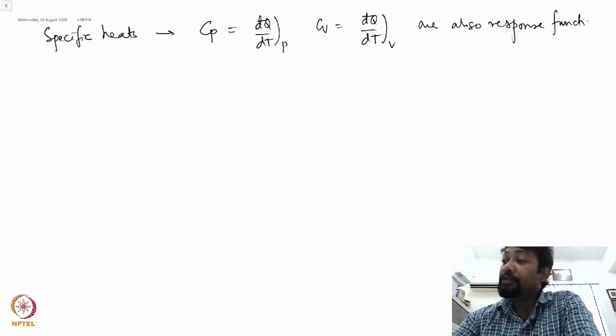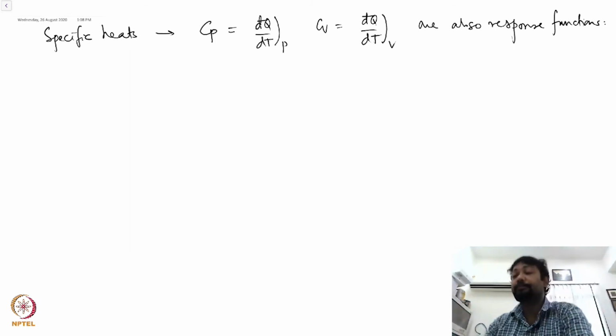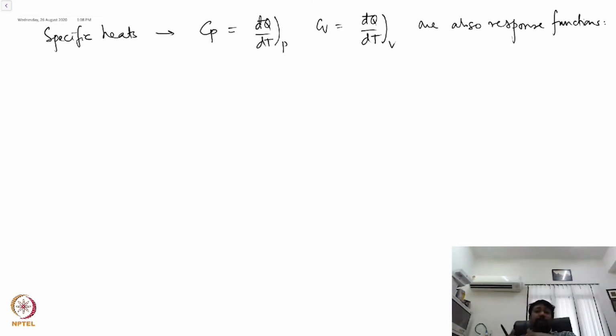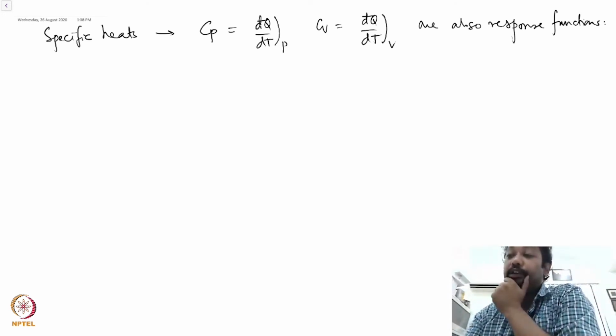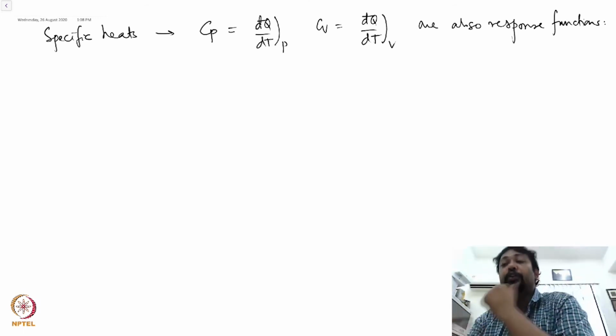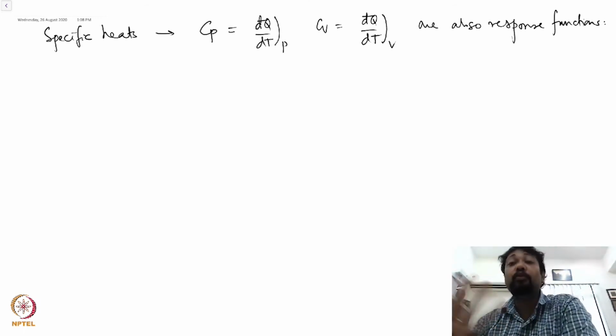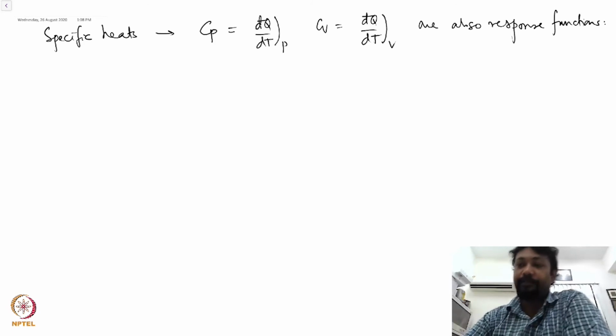So thermodynamics is well equipped to answer these questions. For a magnetic system, you know that there is a magnetic susceptibility. Interesting to note over here is that there are two kinds of specific heats I have defined, one at a constant pressure and the other at a constant volume. We are going to come back to these definitions, the more general definitions of this.